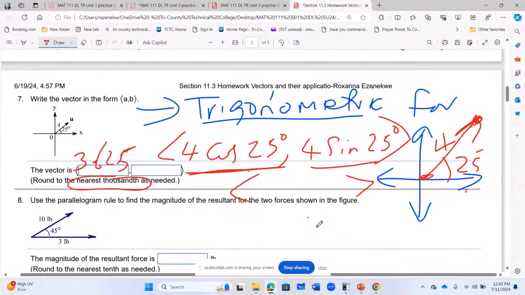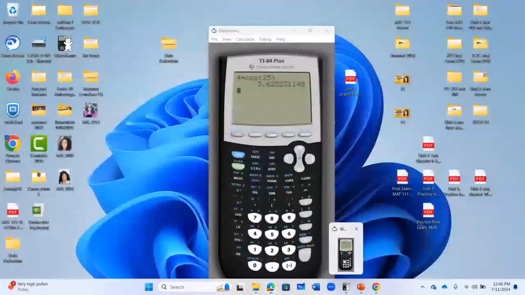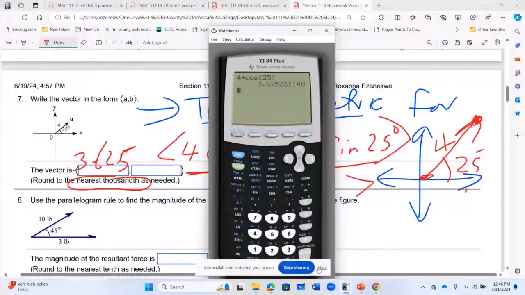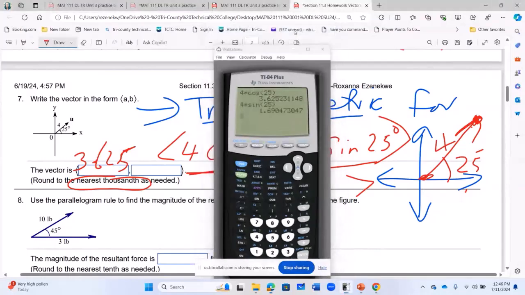Very soon we shall get to a vector in another quadrant, and we shall deal with that. Don't forget, the mode must be in degree. My answer to 3 decimal places is 1.690.